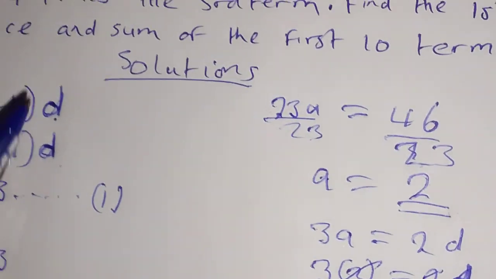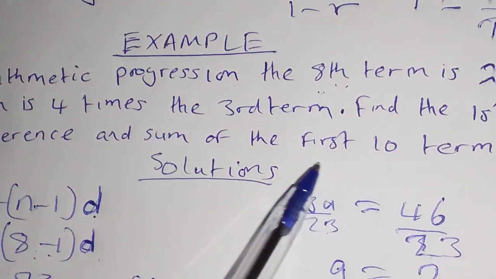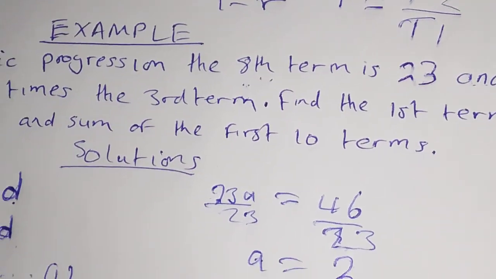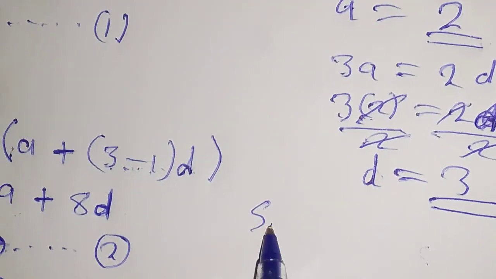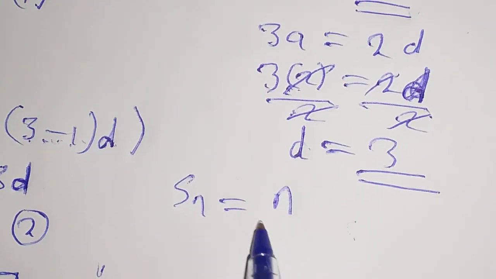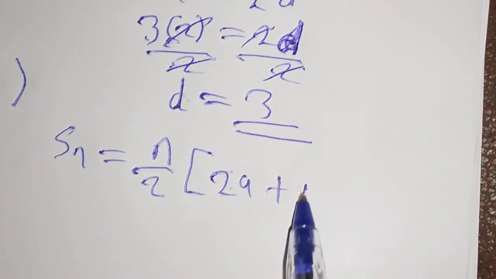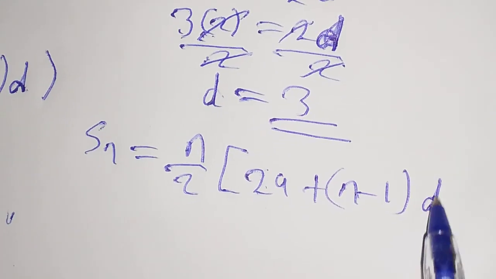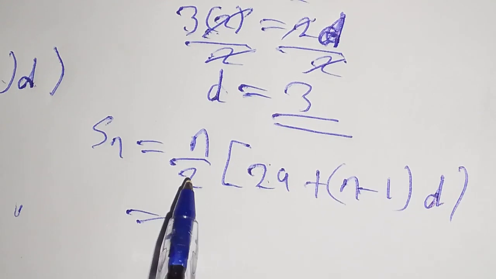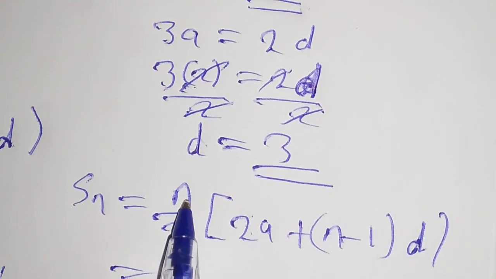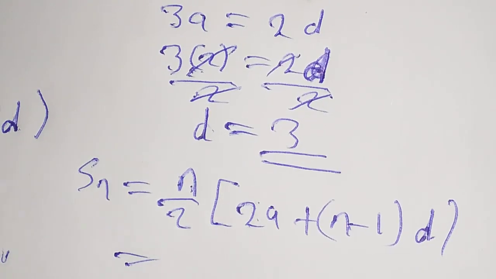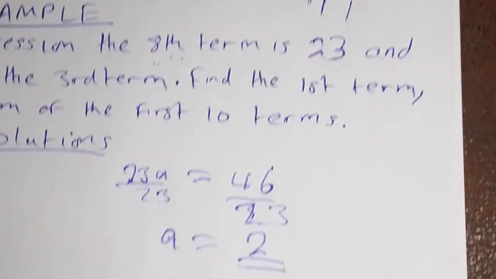Then the question asks for the sum of the first 10 terms. To find the sum of an AP, Sn is equal to n over 2 times (2a plus (n minus 1)d). We have been given the first 10 terms, so n is 10.